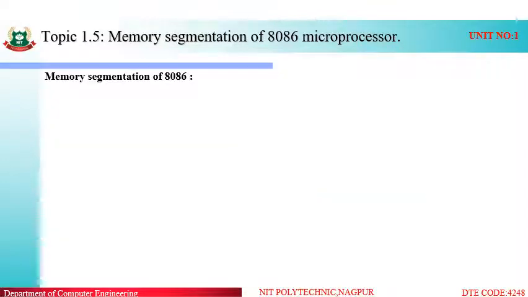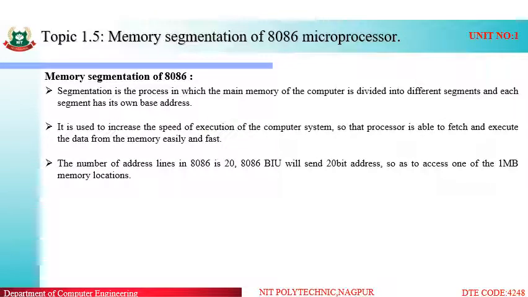So coming to memory segmentation of 8086. Basically, what is segmentation? Segmentation is a process in which the main memory of the computer is divided into different segments or blocks or sections, and each segment has its own base address.